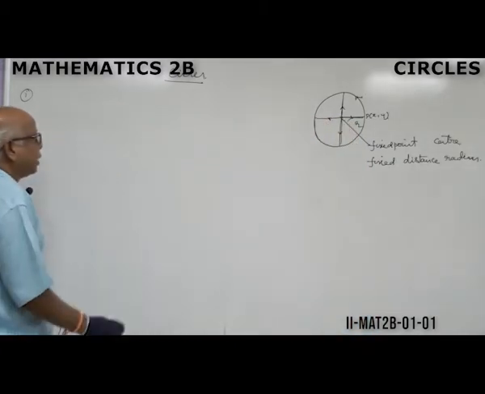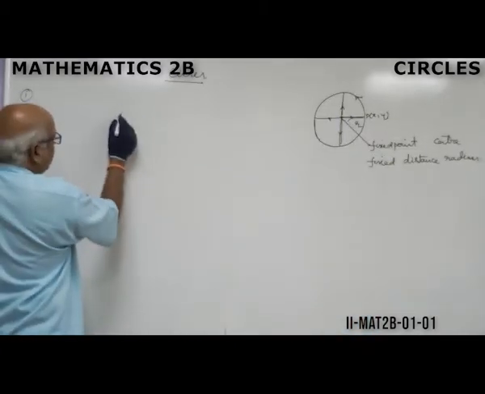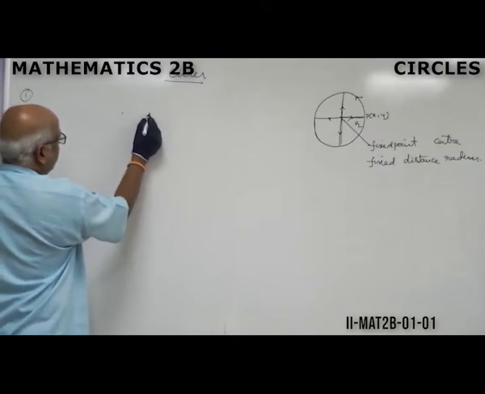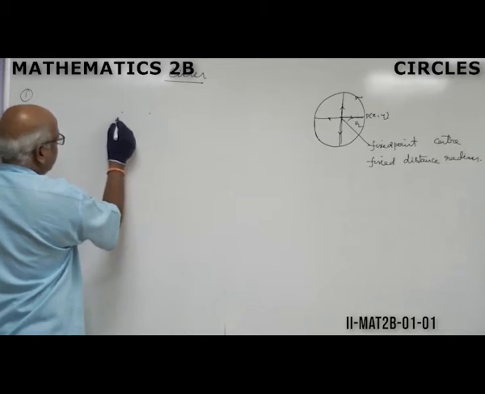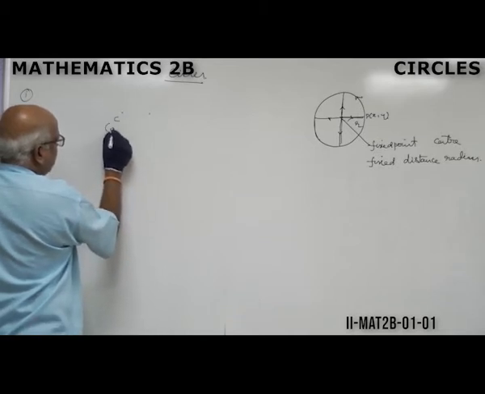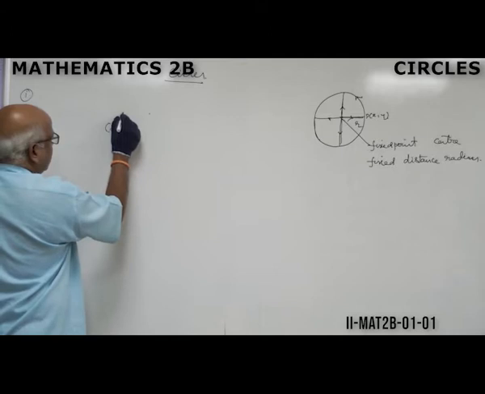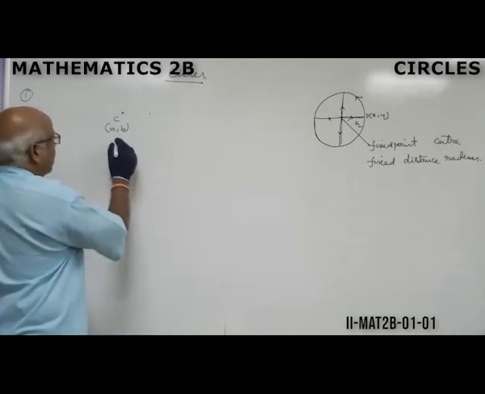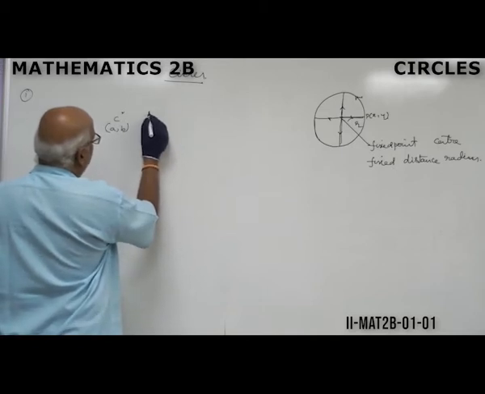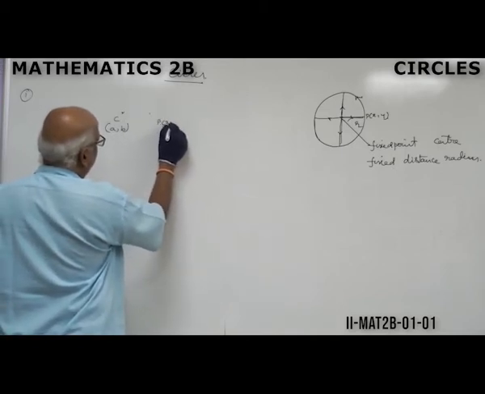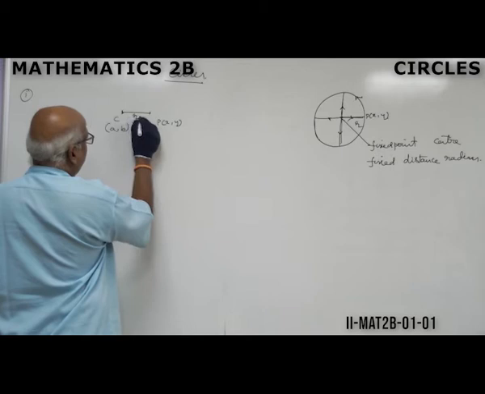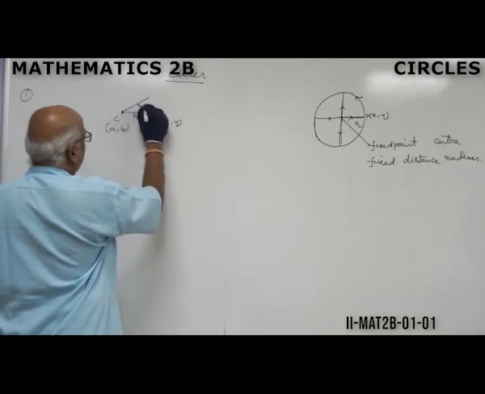That means there is a point which does not vary, which does not change. Another point is there that always changes. Let us take the coordinates of the fixed point as (a, b) and the moving point coordinates as (x, y). The distance between these two is always equal in all directions, r.